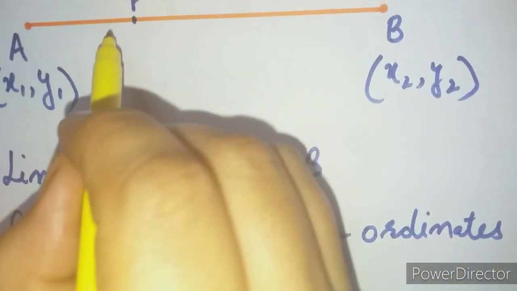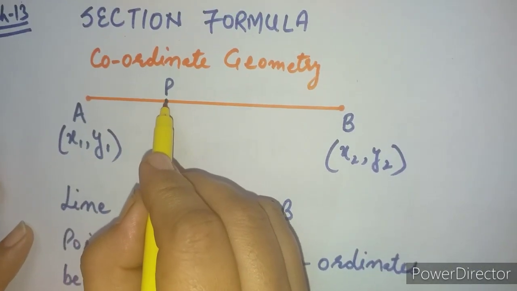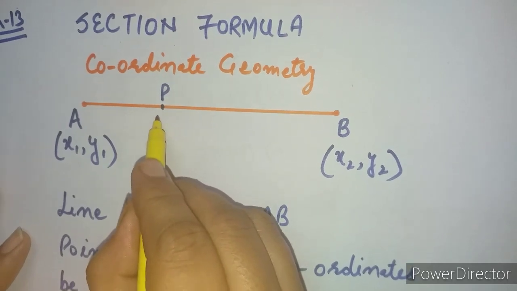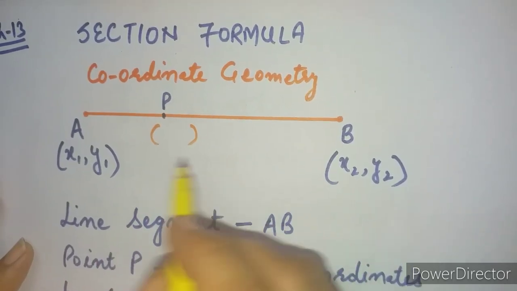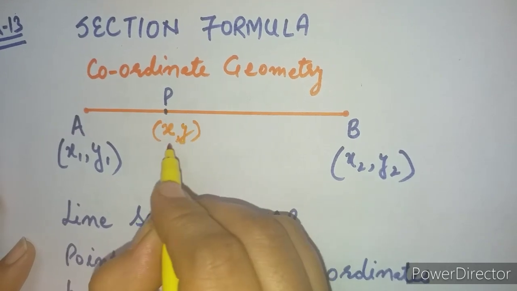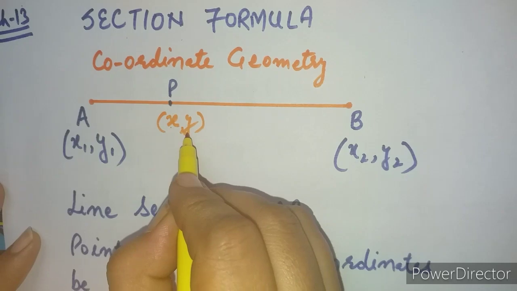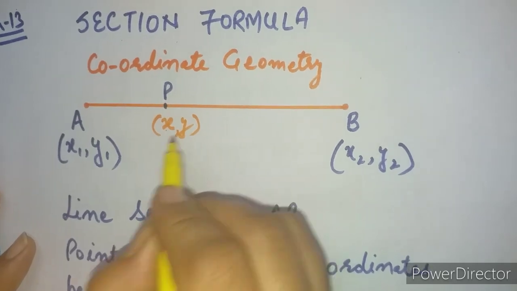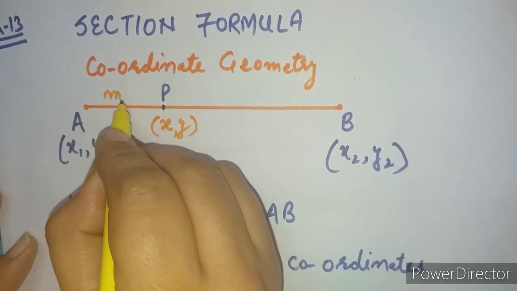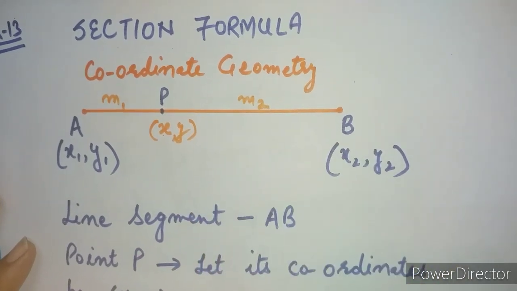Clear? Now, the section formula gives us the location of this point P. Location means again a set of coordinates only. So let the coordinates of this point be x comma y. Its x coordinate is x and its y coordinate is a small y, when point P is dividing AB in the ratio M1 ratio M2.